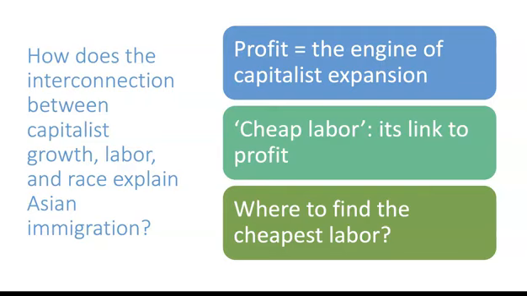If profit is the edge of capitalist expansion, well, what cuts into profit the most is labor, and therefore you want to find the cheapest labor possible. Where do you find this? Abroad. And this applies to the Italian immigrants coming over, the Jewish immigrants coming over on the East Coast, Statue of Liberty and Ellis Island and all that.